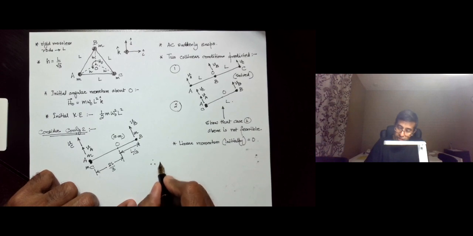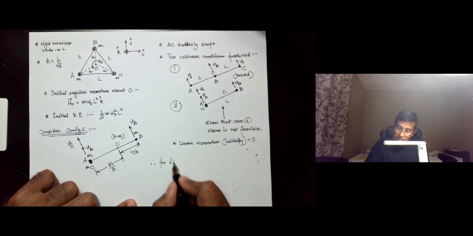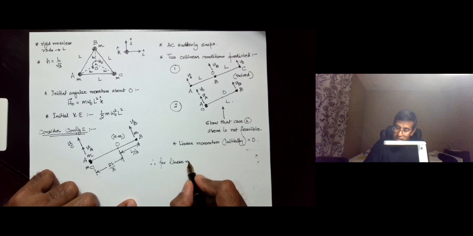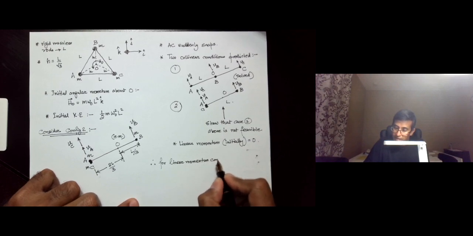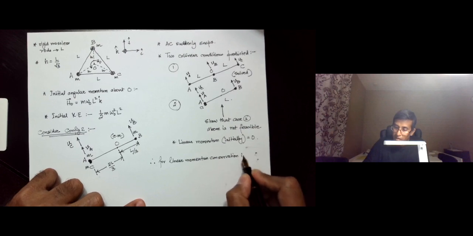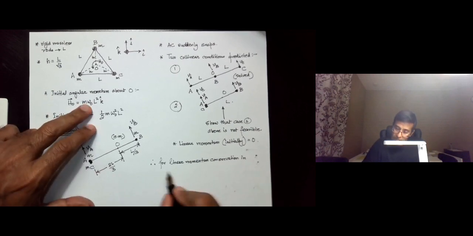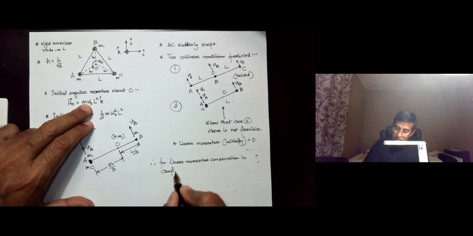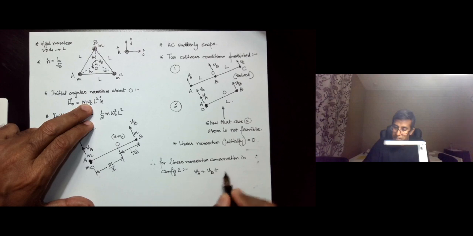So therefore, for linear momentum conservation, in config 2, we must have VA plus VB plus VC is equal to 0.